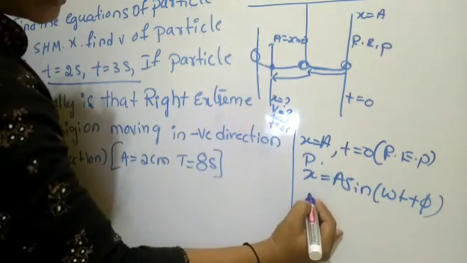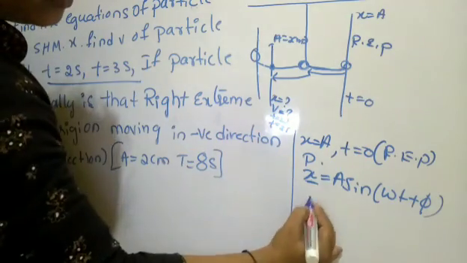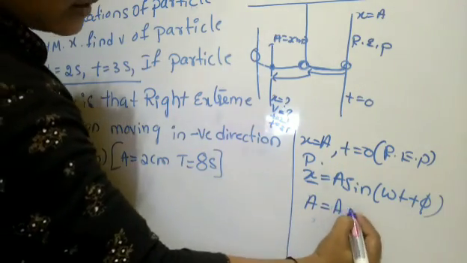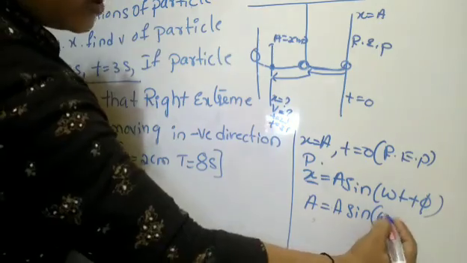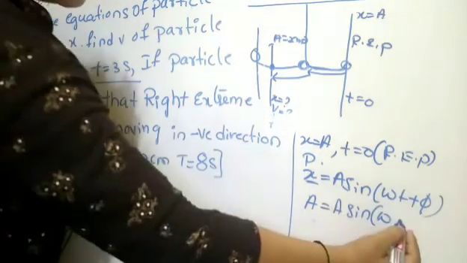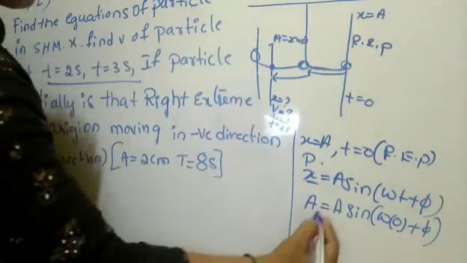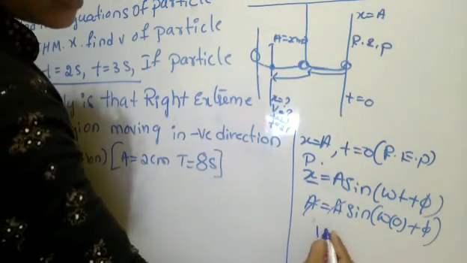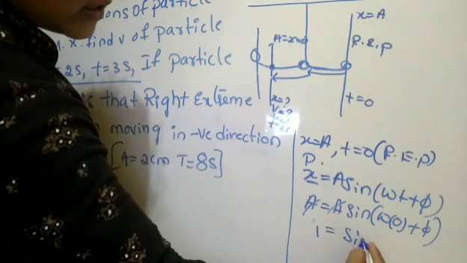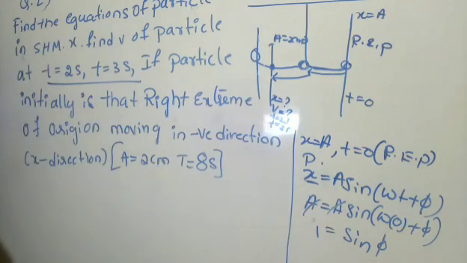We need to find out x = a here. A sine omega t, with t = 0, plus phi. So a and a get cancelled, leaving 1 = sine phi. So that indicates here what?